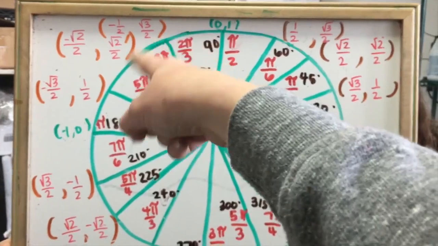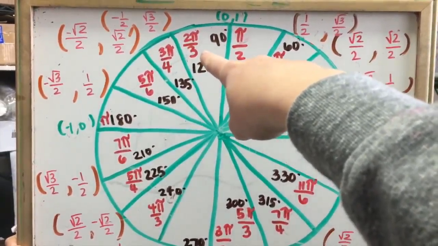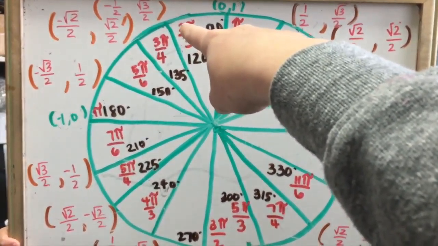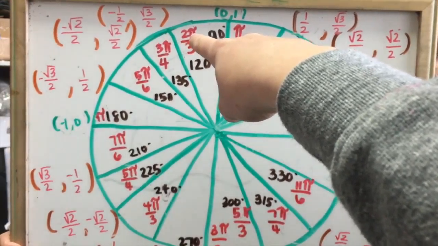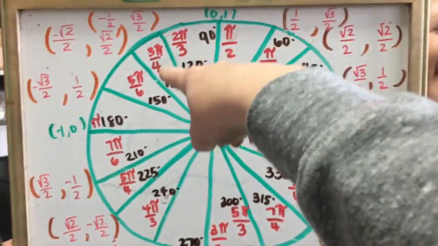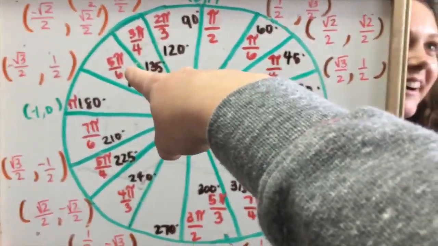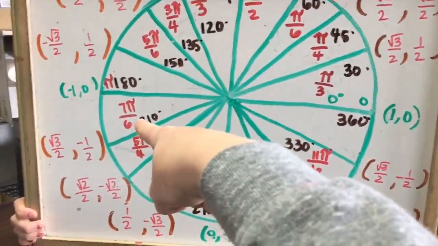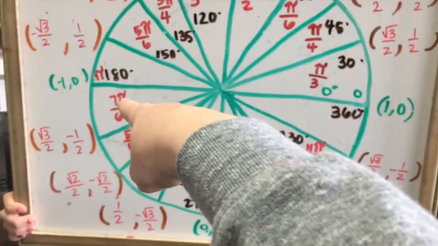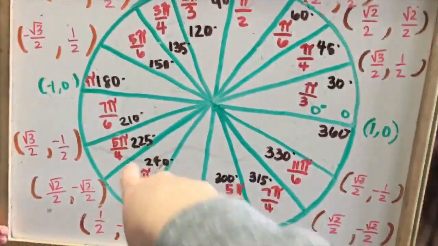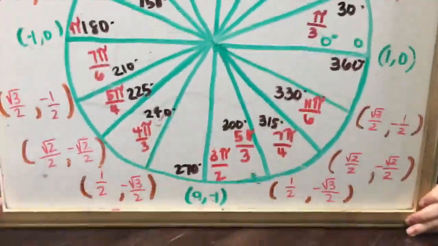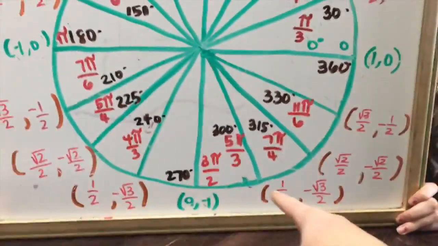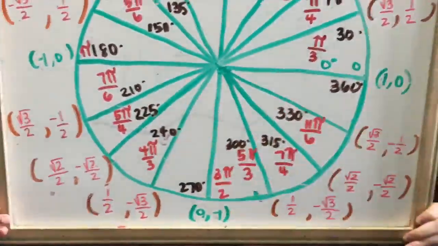Then for this next part of the circle, you subtract from the denominator, so it'd be 2 pi over 3, 3 pi over 4, 5 pi over 6, and then the 180 is pi. And then for this one, you just add on to the denominator. So it'd be 7 pi over 6, 5 pi over 4, 4 pi over 3, and then that's 3 pi over 2.